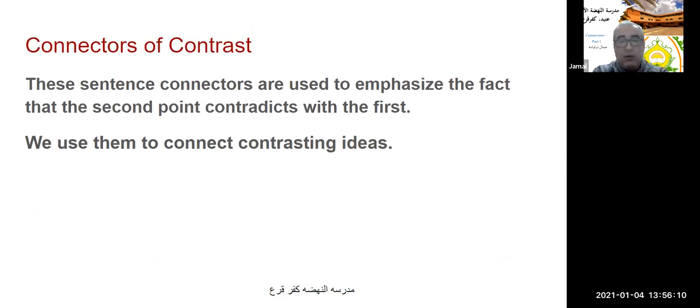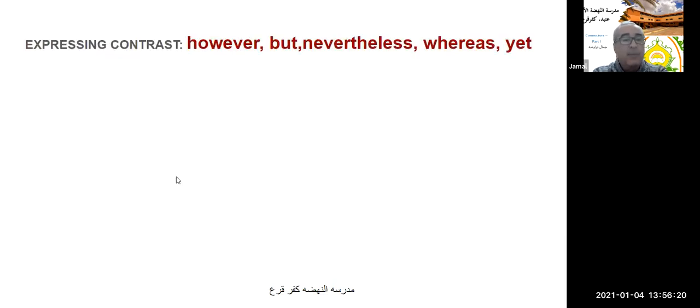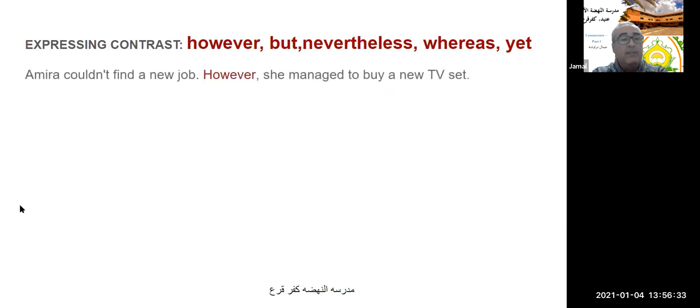Okay, so we have two points, two ideas. One idea contradicts the other idea, and we use them to connect contrasting ideas, as we say. All right, some very common connectors of contrast that we use all the time are however, but, nevertheless, whereas, and yet. Let's see some examples.